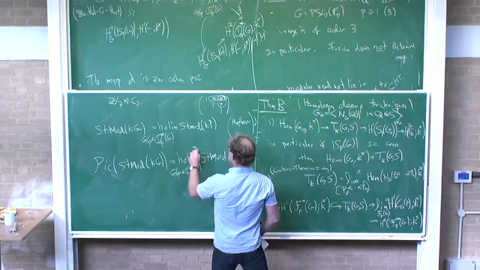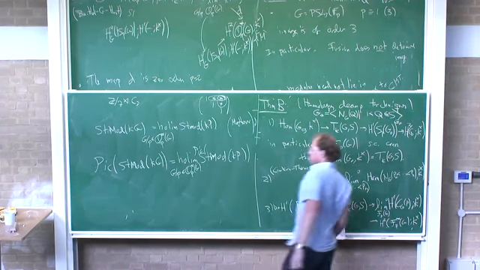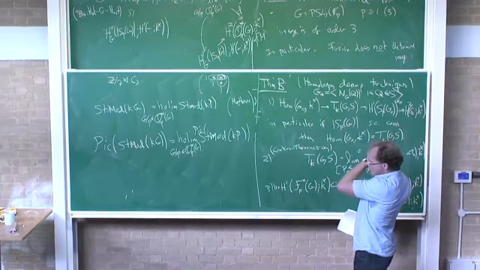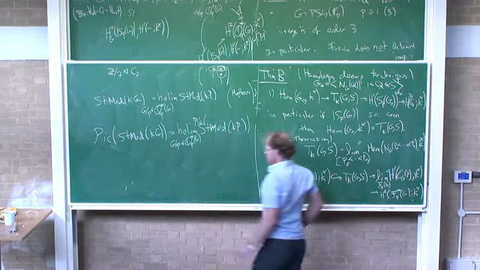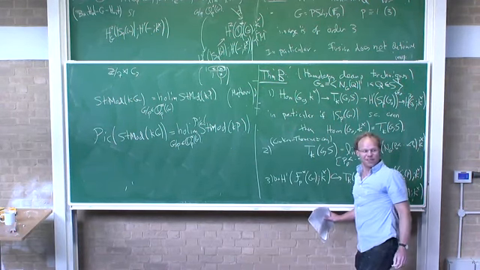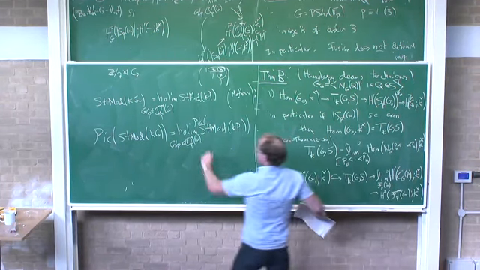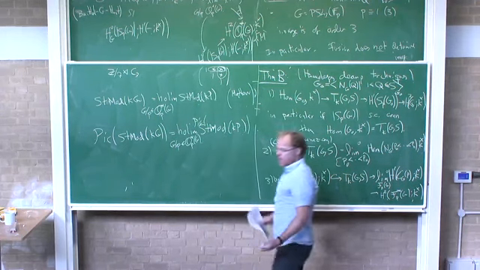I forgot the Pic. There's also a big mod on top there. But now this is a homotopy limit of spaces, right?